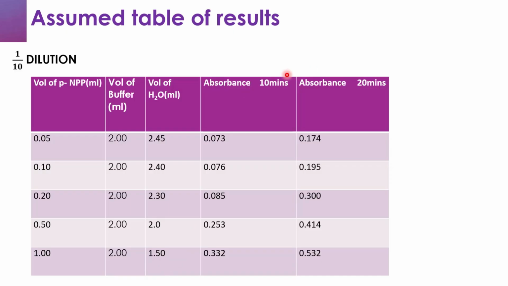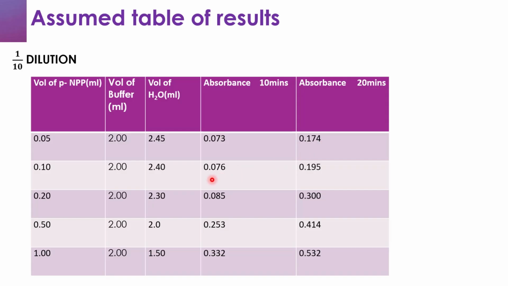These are the various absorbance values that we had for the 10 minutes of incubation and 20 minutes of incubation. Remember that the 0 minutes is used as a blank against the incubation at 10 minutes and 20 minutes. The absorbance value at 10 minutes for our first test tube is 0.073, and at 20 minutes 0.174.